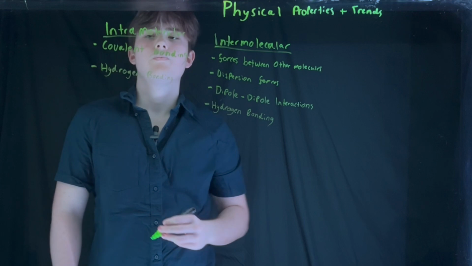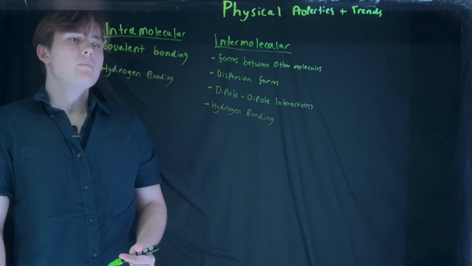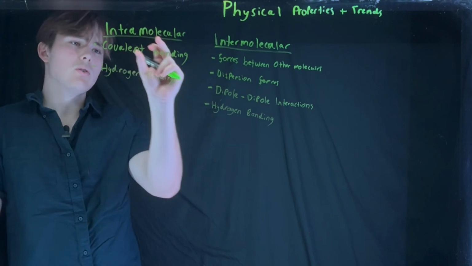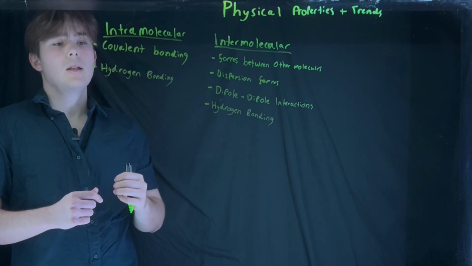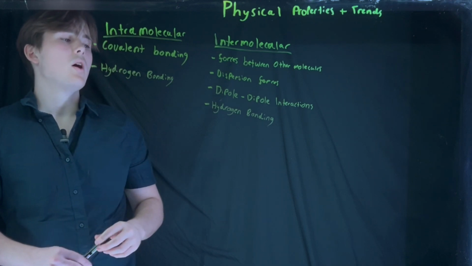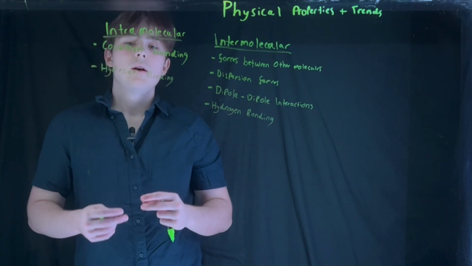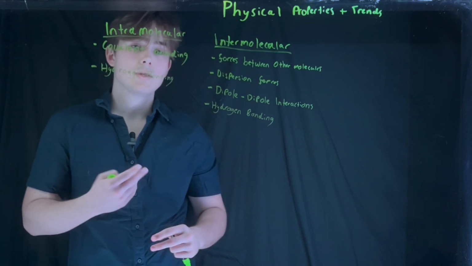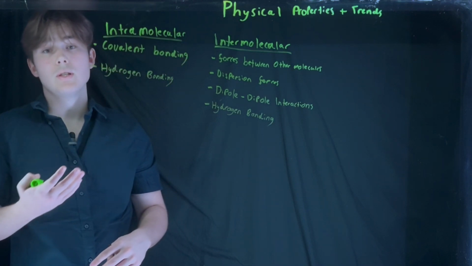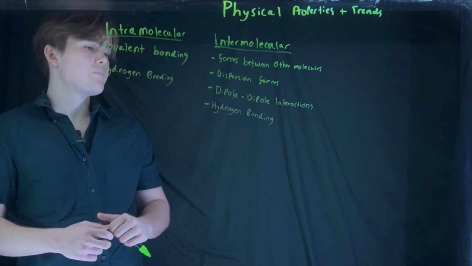and intermolecular forces. You don't have to worry too much about what category they fall under, because often they'll overlap. Hydrogen bonding can occur within a molecule, but it can also occur between two different molecules, which is what we see in protein chains, which we'll talk about a little bit later.